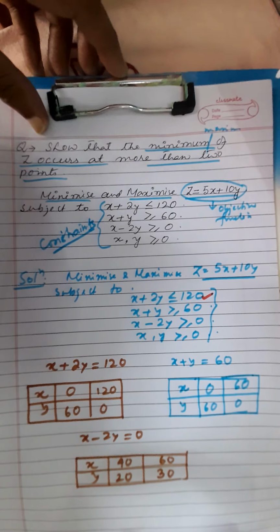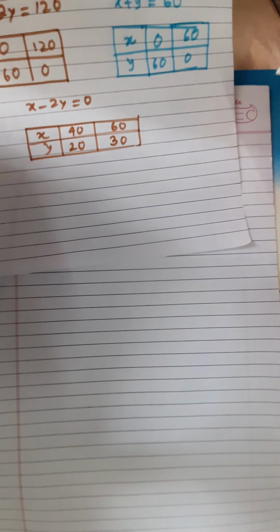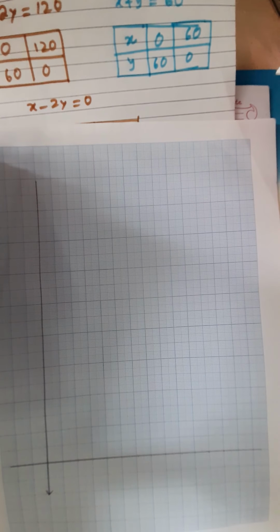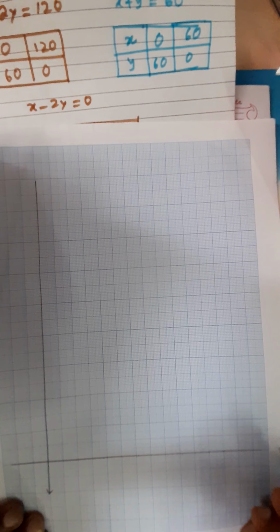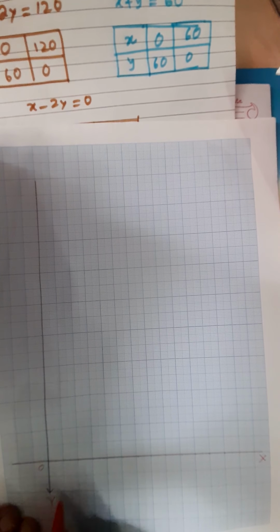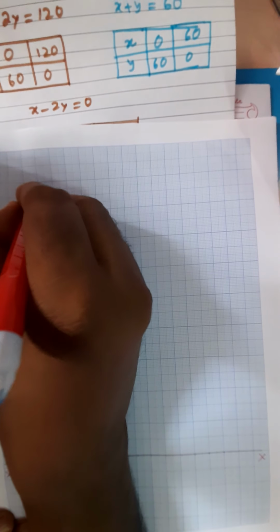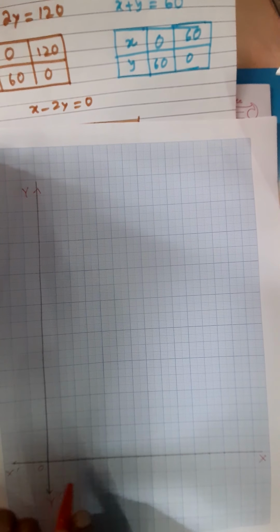Clear? So this is our table. Now we'll draw the graphs. This is the graph paper. This is the x-axis, x dash, this is y and y dash, and this is the origin 0, 0.